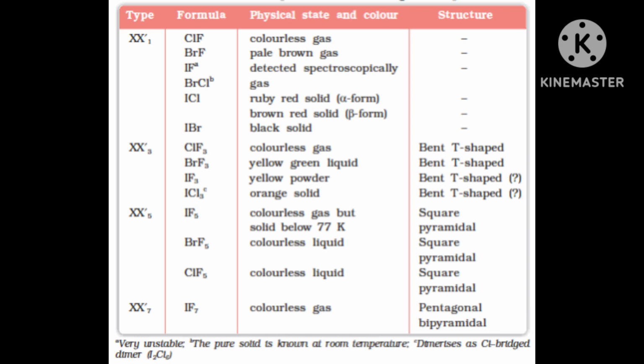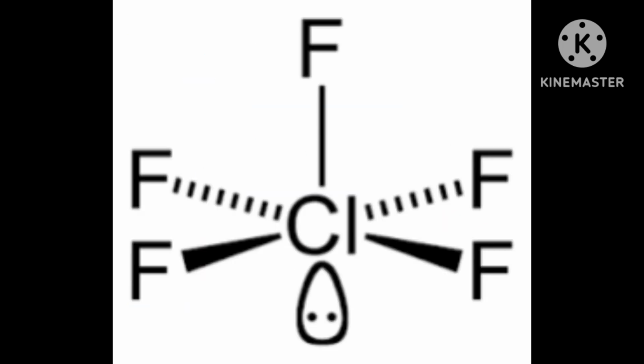By a spectroscope, it was detected. And BrCl is also formed from bromine and chlorine, again with a difference in electronegativity. BrCl is actually a gas.